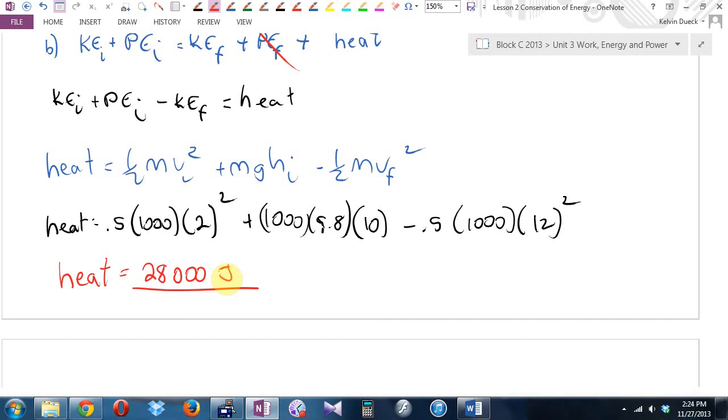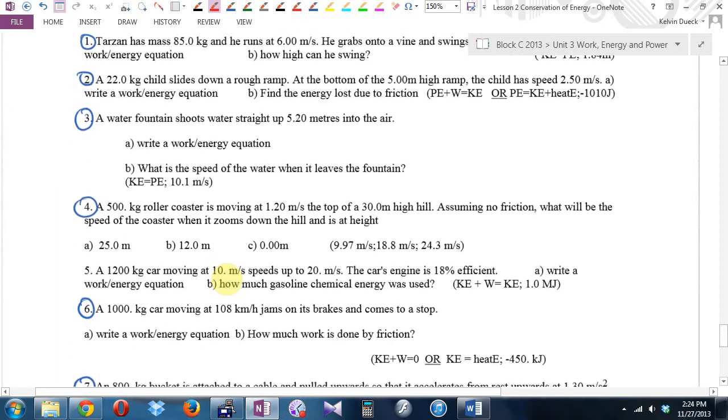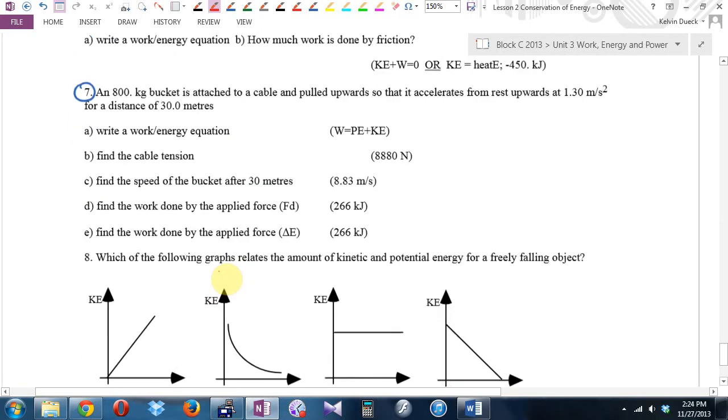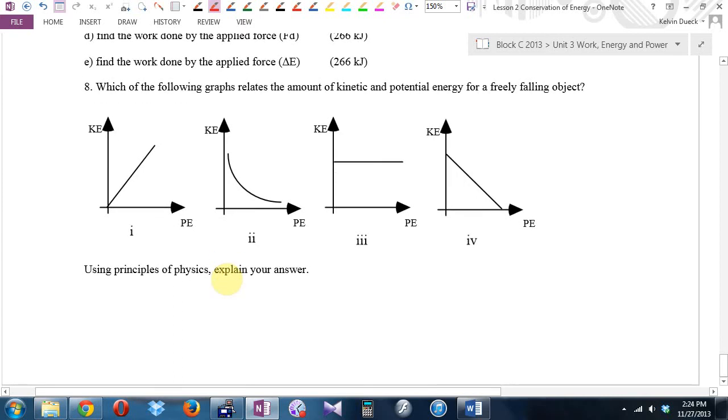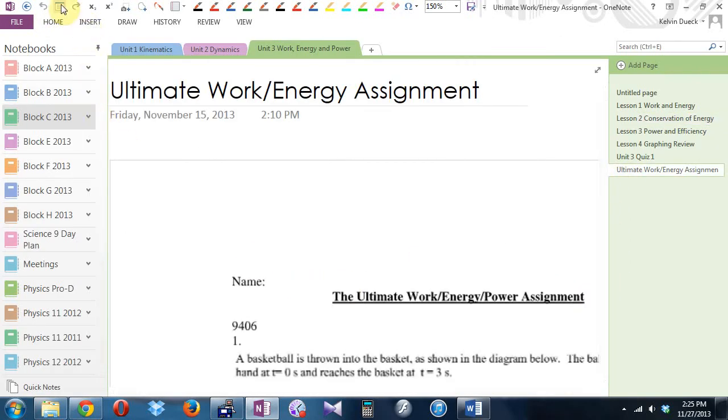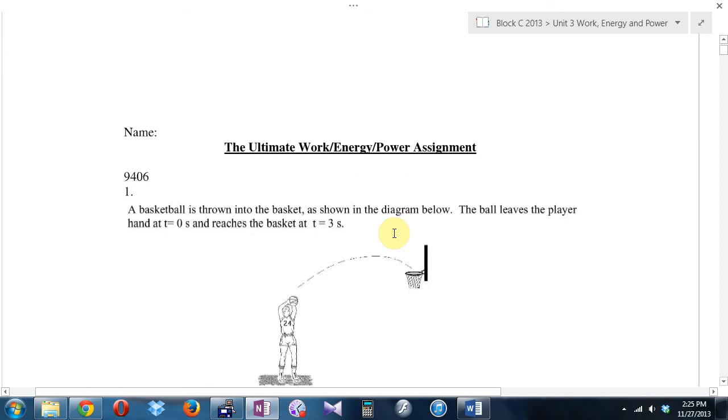Okay, so these are some of the questions I can throw at you for the law of conservation of energy. The homework I already technically assigned: 1, 2, 3, 4, skip 5, 6, 7, skip 8. If you've done all that, and a couple of you have told me that you have, on the review, in theory, you can do any question that doesn't talk about power or efficiency.